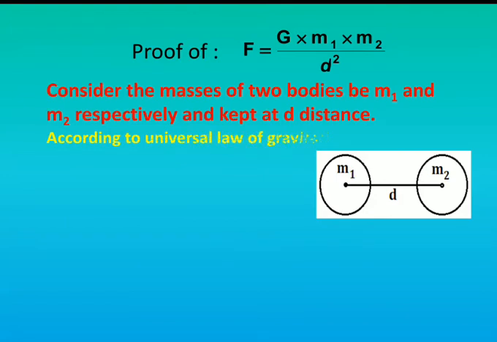According to universal law of gravitation, F is directly proportional to the product of M1 and M2, equation number 1.